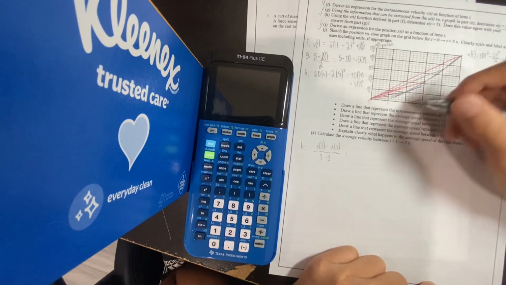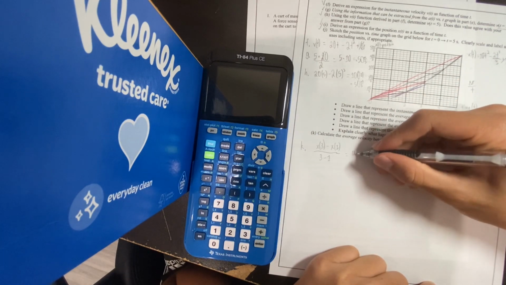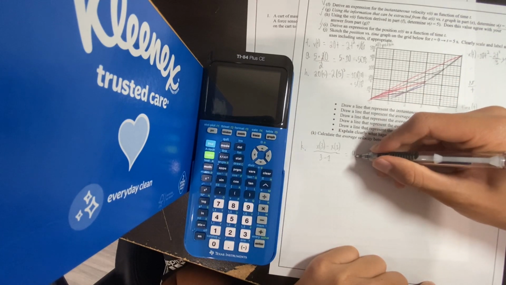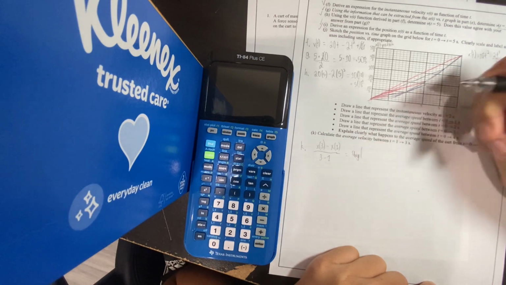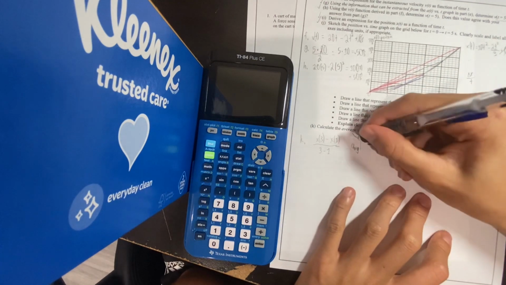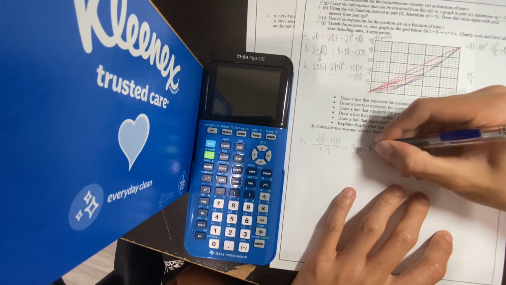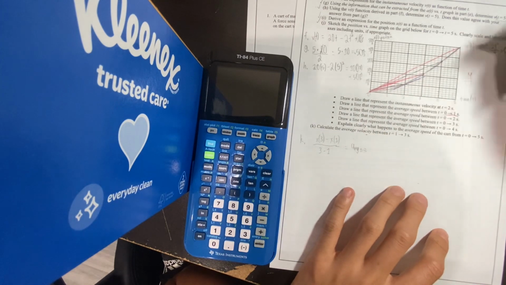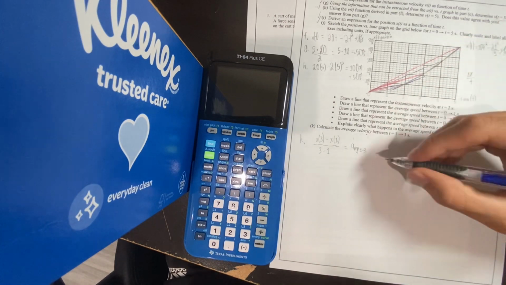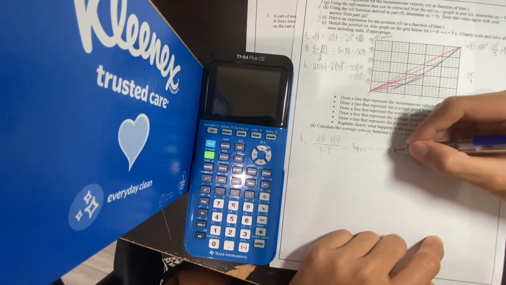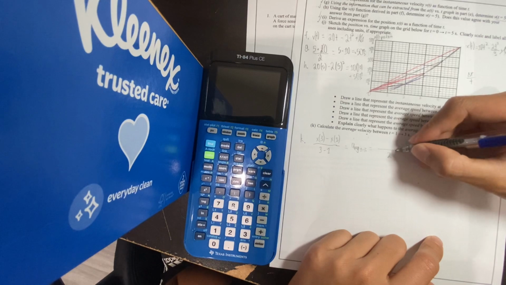And that's going to equal the average velocity from 1 to 3, right? And that's going to be something over 2, right?